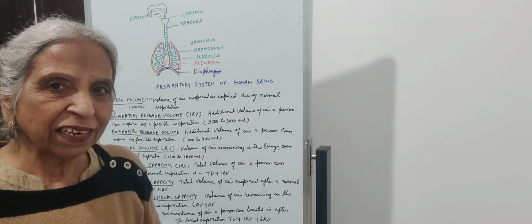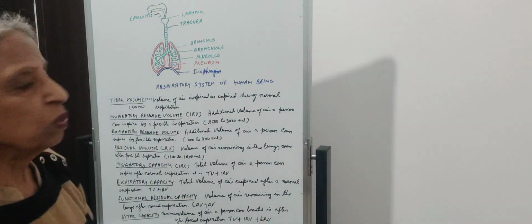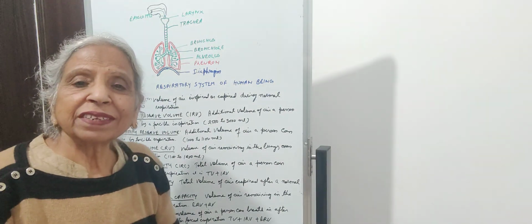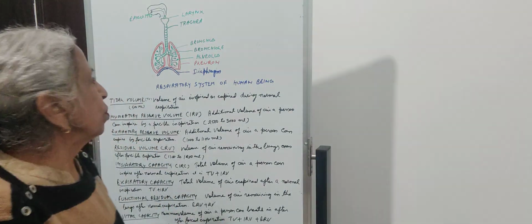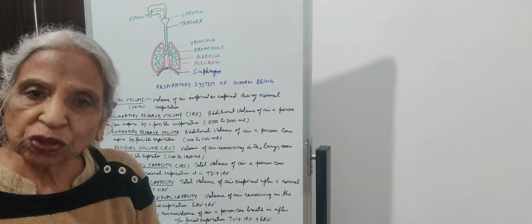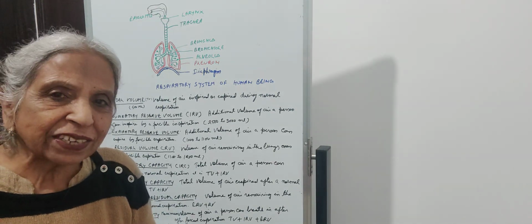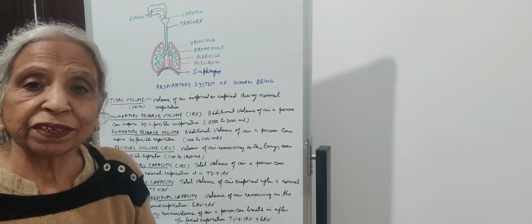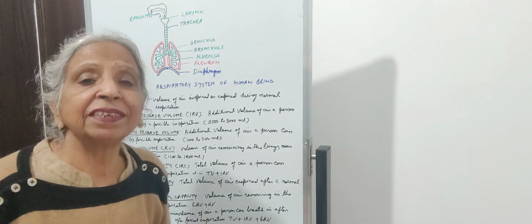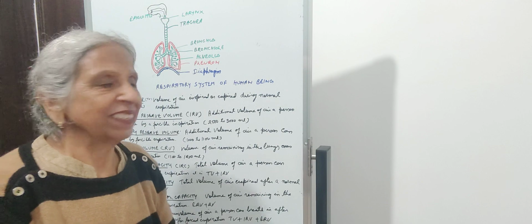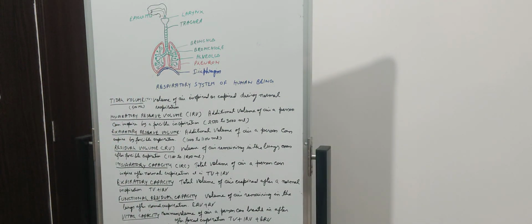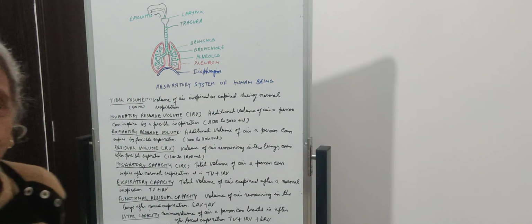So the conducting part includes the nostril, nasal chamber, trachea, bronchi and bronchioles, and the respiratory part, where the exchange of gases occurs, is the alveoli, which are highly vascularized. This is all about the structure of the respiratory system.